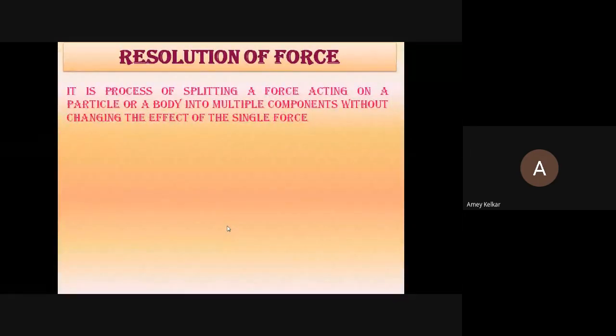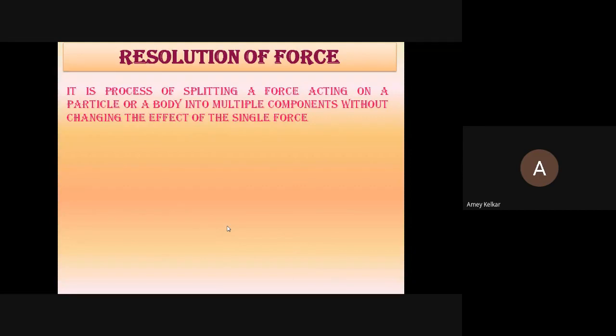It is a process of splitting a force acting on a particle or a body into multiple components without changing the effect of the single force. In this process, a given force we split along multiple components without changing the effect of the single force.